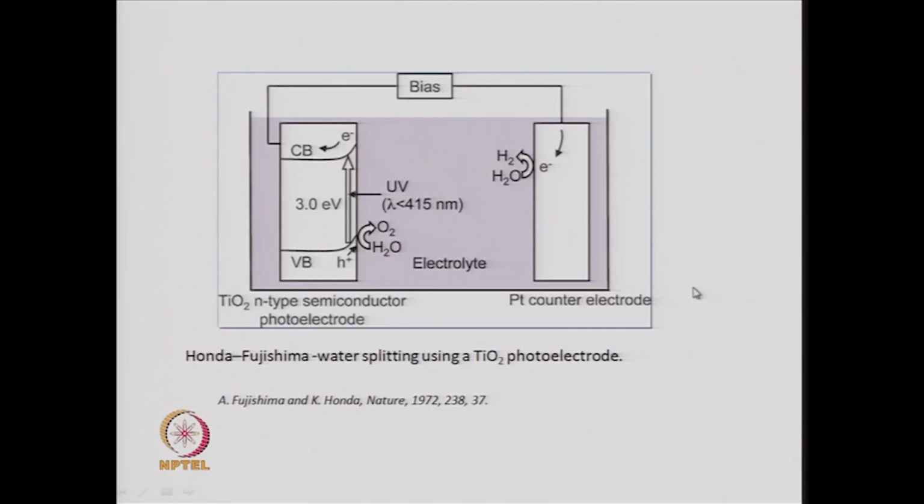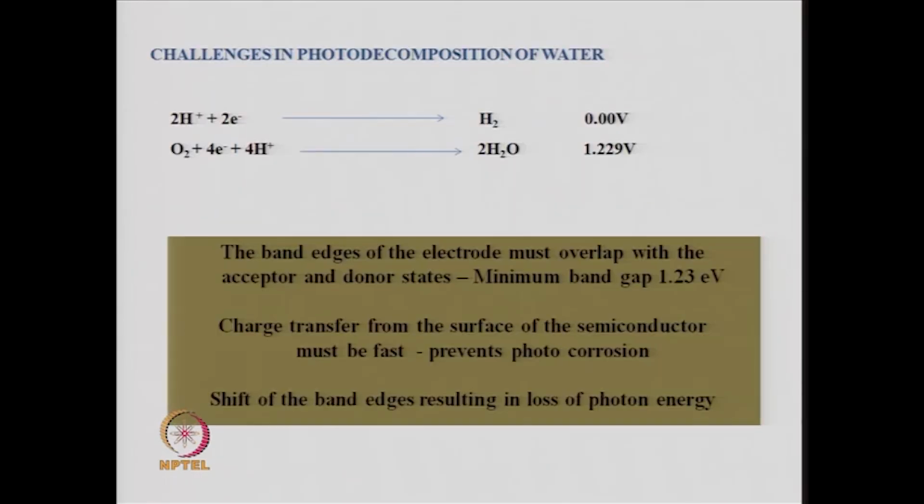So, as TiO2 has a band gap of around 3 electron volts or so, that takes care of the 1.23 electron volts which is the minimum for water splitting. This 1.23 electron volt you get by subtracting the two electrode potentials, and this is the minimum energy you require.